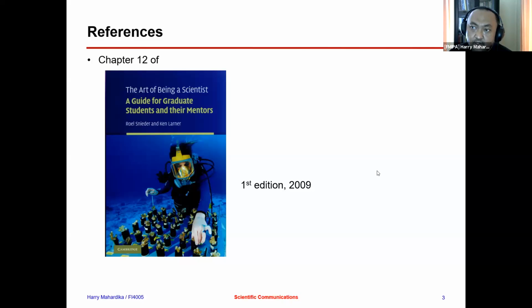You probably also need to interact with people outside of the school, because you need to collect data or work with outside institutions. So some of the chapters here are relevant to the activities you're going to do in your fourth year.